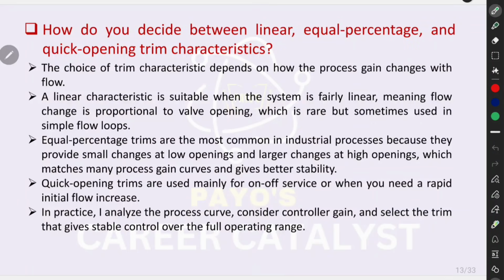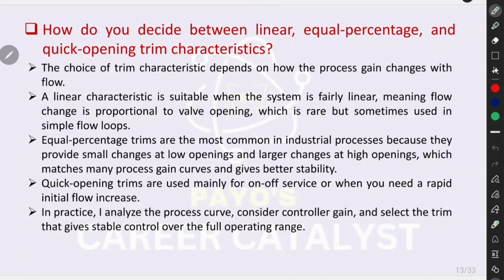How do you decide between linear, equal percentage, and quick opening trim characteristics? The choice of trim characteristic depends on how the process gain changes with the flow. A linear characteristic is suitable when the system is fairly linear, meaning flow change is proportional to valve opening, which is rare but sometimes used in simple flow loops.